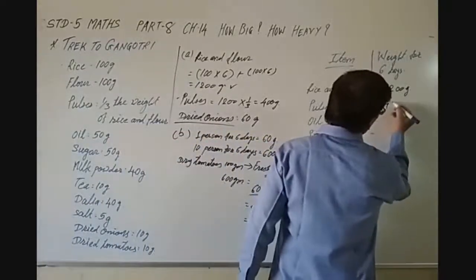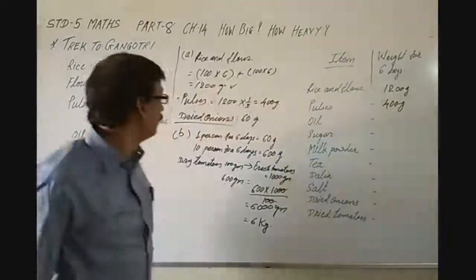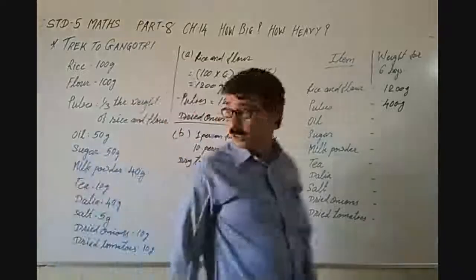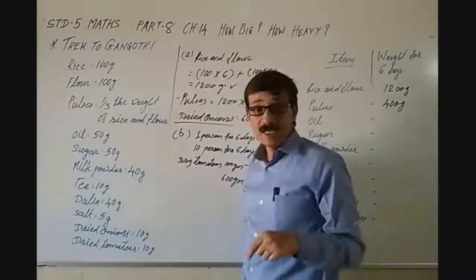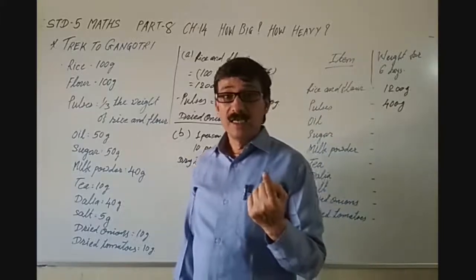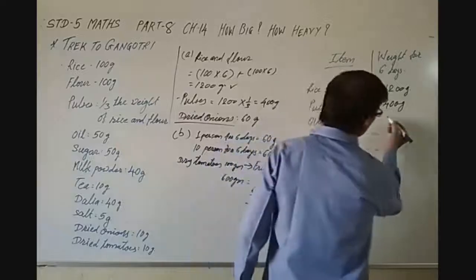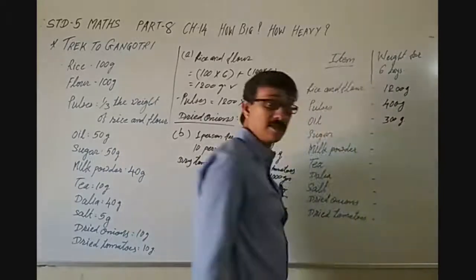So here it should be 400 gram, isn't it? Then after, oil, you can see oil is required 50 gram for 1 day. So for 6 days it is 300 gram. So oil is 300 gram, isn't it?